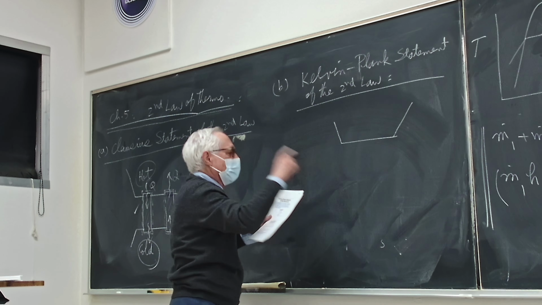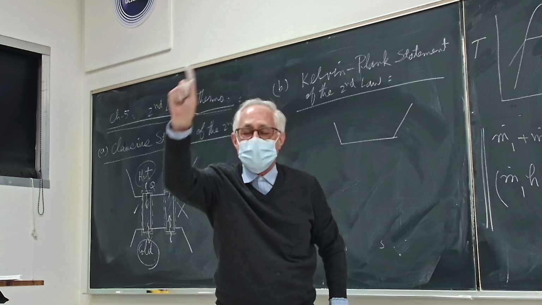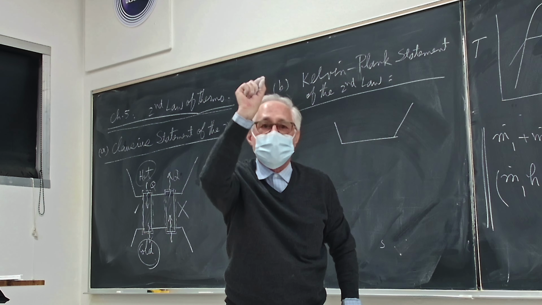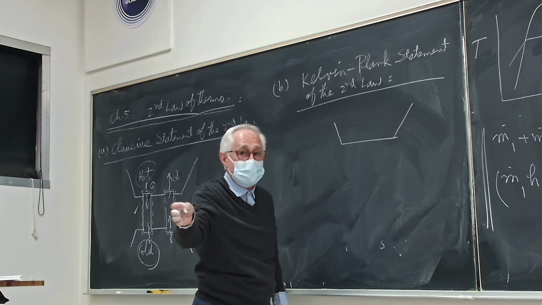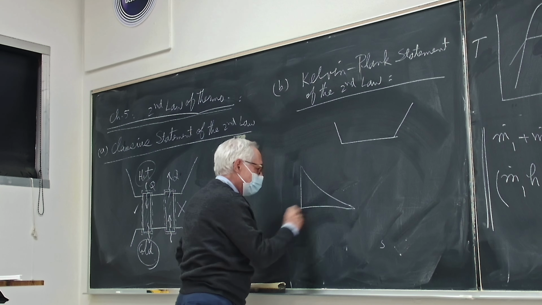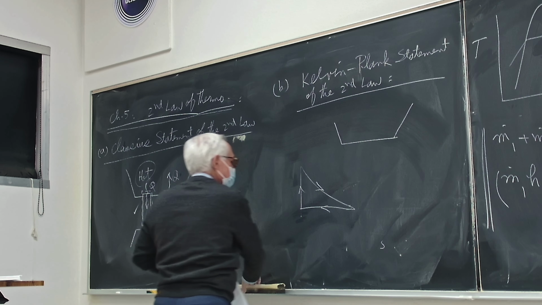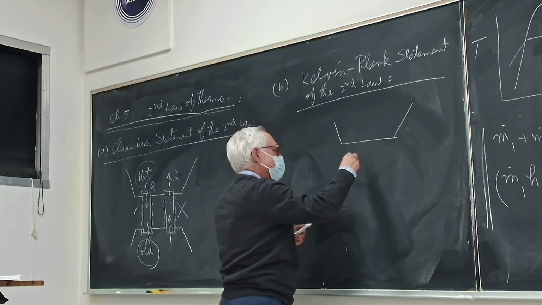Everything, but we call it a cycle. By cycle, I mean the fluid starts from one state, goes through these processes, and comes back to the same state. You have done homework on those, right? Maybe something like this even. Agree? Okay. I show the cycle by this.